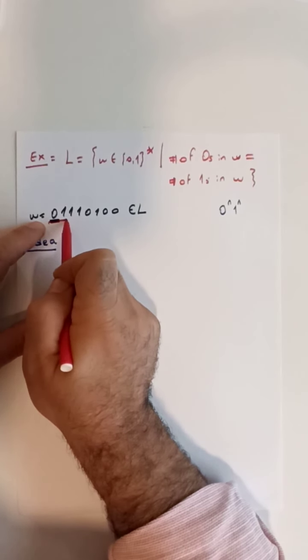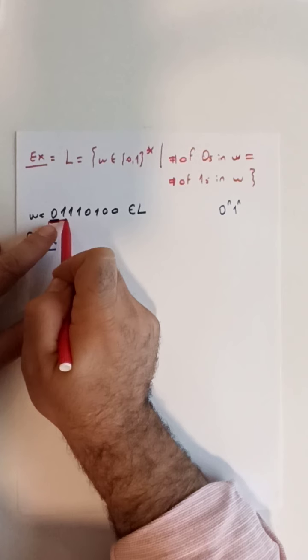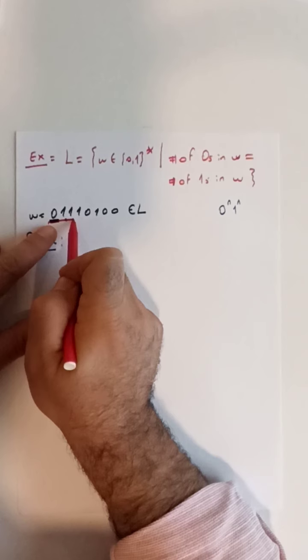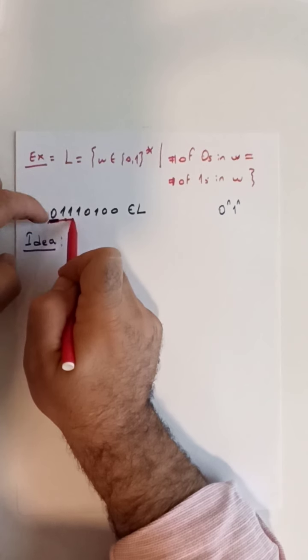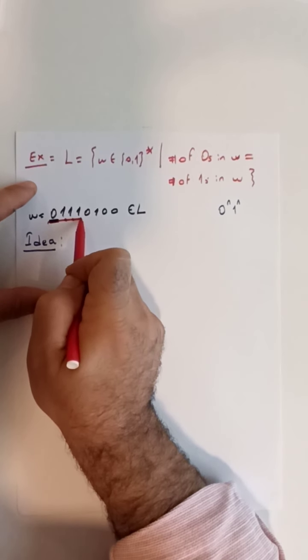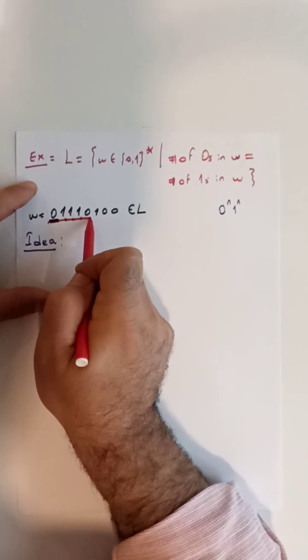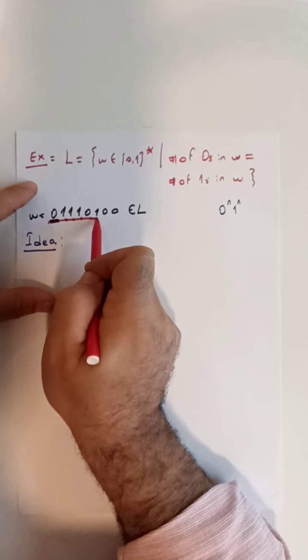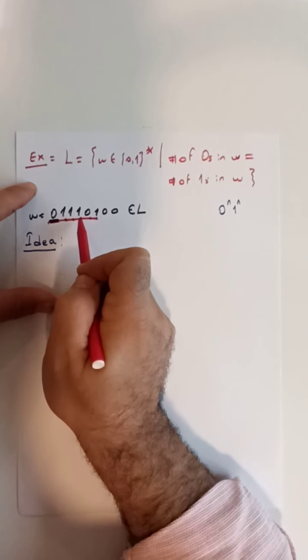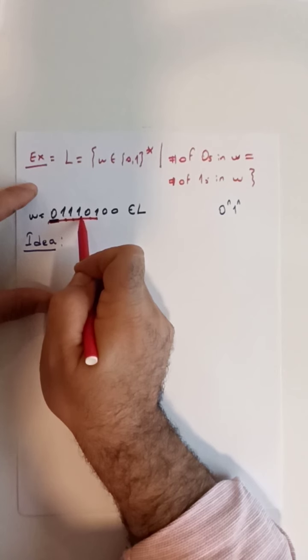After processing the next symbol, now in here their number is equal, so we want the stack to be empty. In here we want the stack to contain a single 1 corresponding to the extra 1 that we have against the zeros. At this point we want the stack to contain 2 ones, because the number of ones is 2 more than the number of zeros. At this point we want the stack to contain a single 1. At this point it was 2 ones, yes.